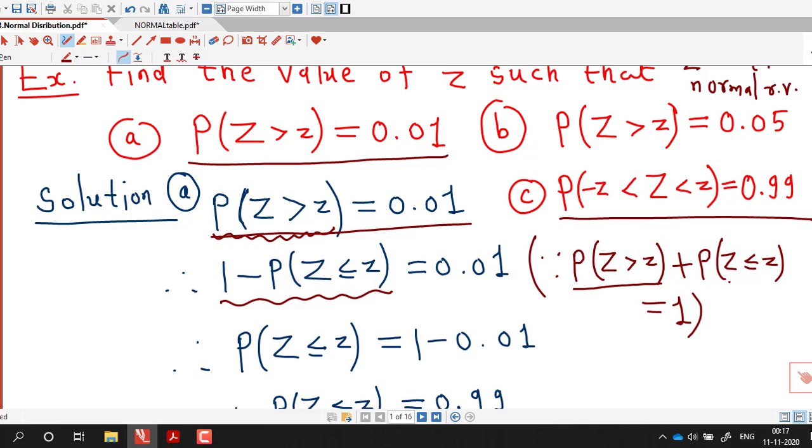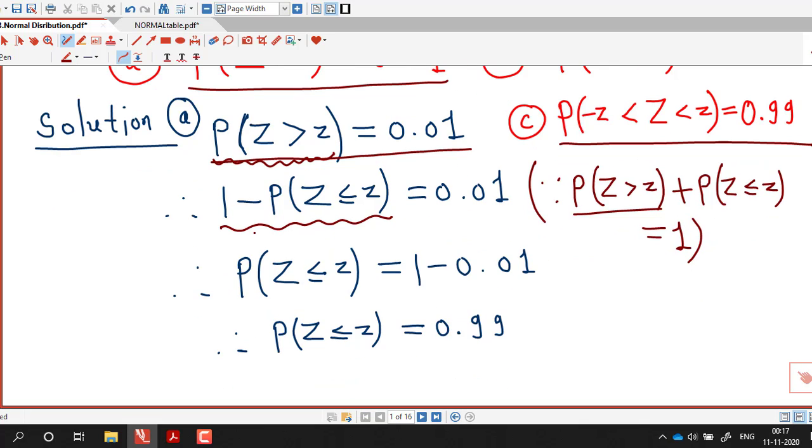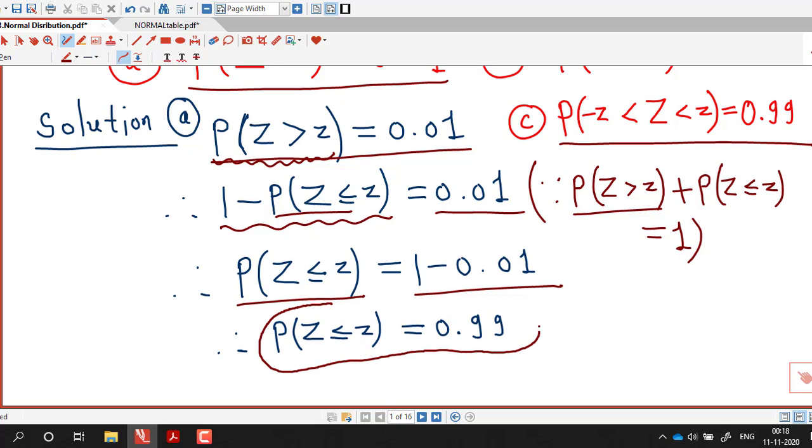So therefore if we take this on the right hand side, we have probability that Z less than or equal to z is 1 minus this probability, and this is nothing but 0.99. So we have to find the value of small z such that probability that capital Z is less than or equal to small z is 0.99.